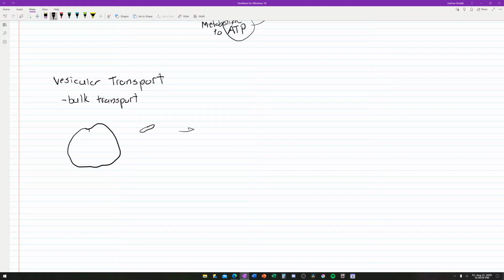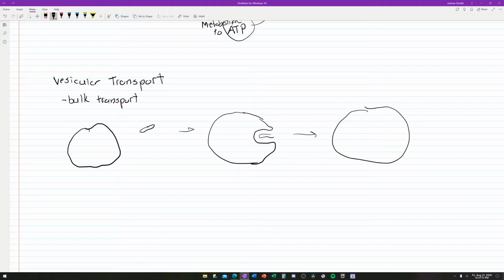The cell is going to grab that funky thing, and eventually it's going to have a compartment with that funky thing inside of it. That is called a vesicle.